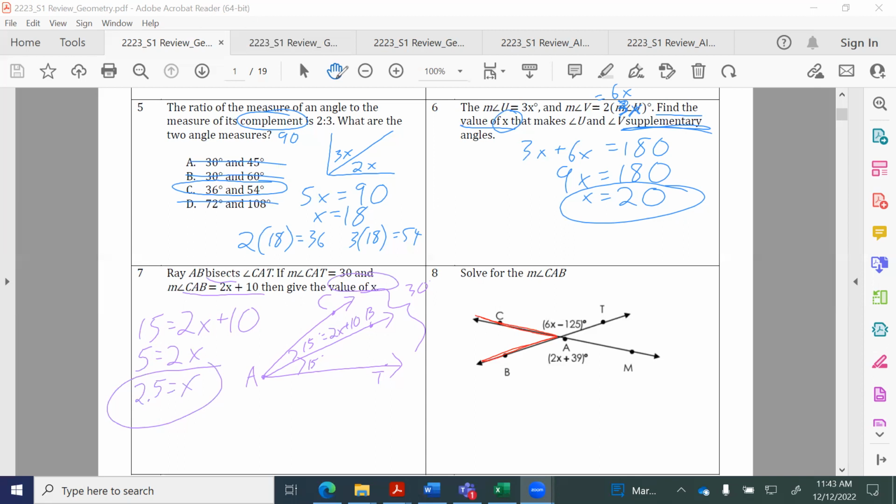Are they equal 180? Are they equal 90? Are they congruent? What do we know about those two angles that they gave us measures for? They start with a V, the type of angles they are. They are vertical.